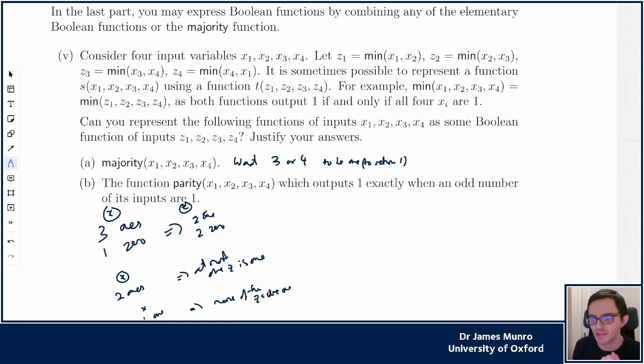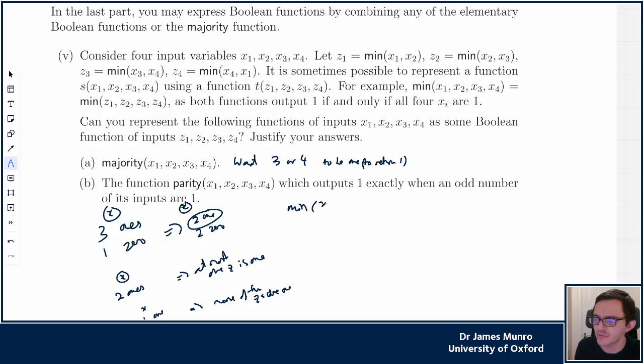I can just build something that detects whether 2 or 4 of the z's are equal to 1, because those are the cases I'm interested in, where this majority will pass if I have 3 votes for the x's, which will switch on 2 of the z's, which is not that many, but it's better than if there were fewer votes in the original x problem. So something that switches on if any 2 of the z's are 1. That's very similar to something we had before, isn't it?